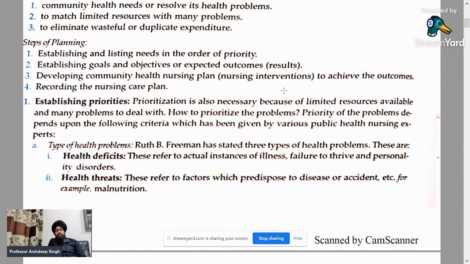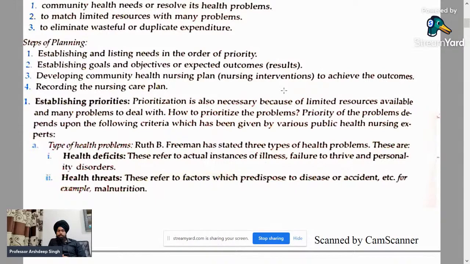So we categorize the planning on the basis of priority needs, and we decide which priority has to be given the first rank, then second, then third.